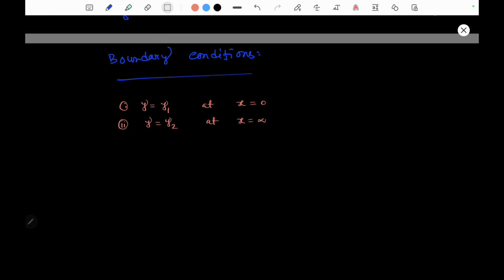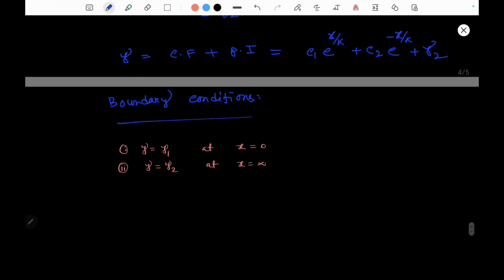So if we write now, for the first condition, y will be y1, and here x will be 0. So if I write x as 0 in this, then the terms will be c1 only, and here it will be c2 plus y2. So this is the first equation we are getting from the first boundary condition.